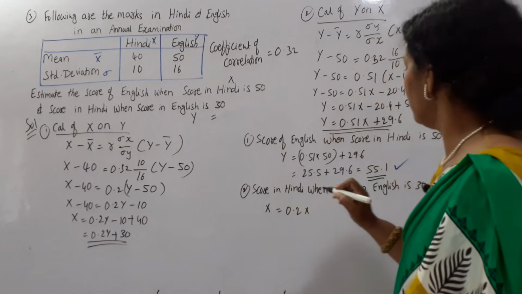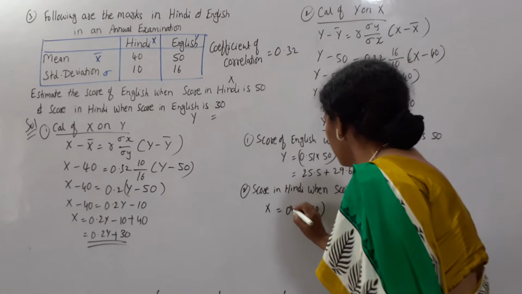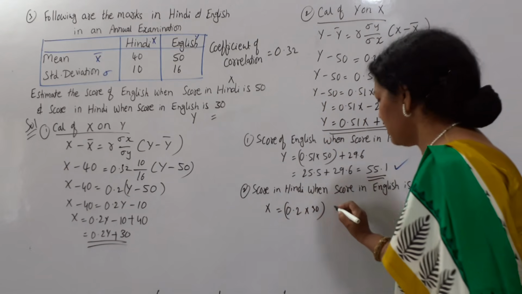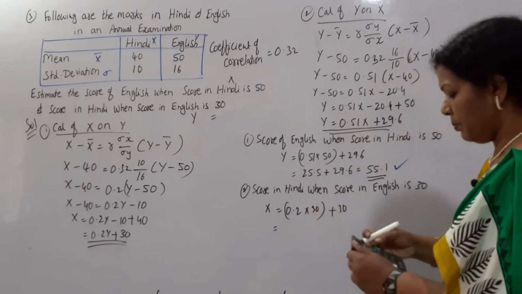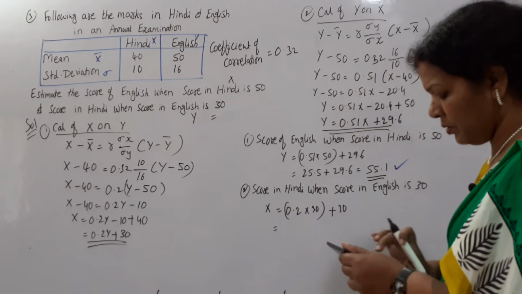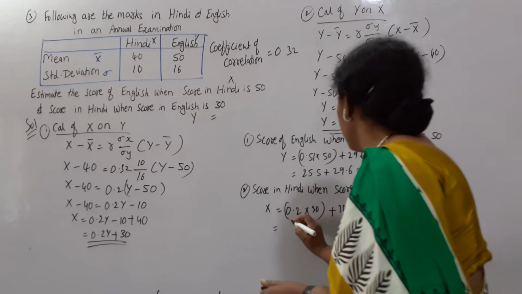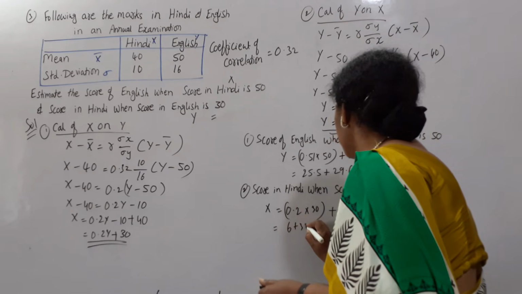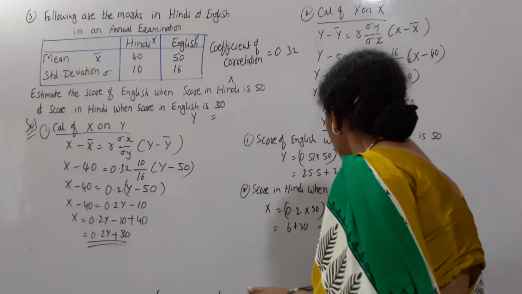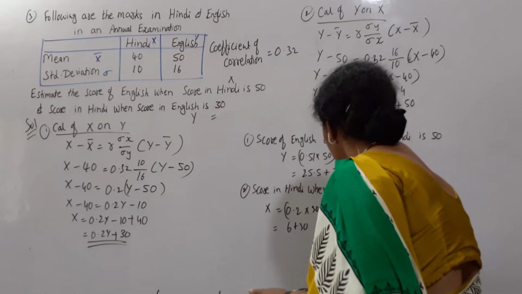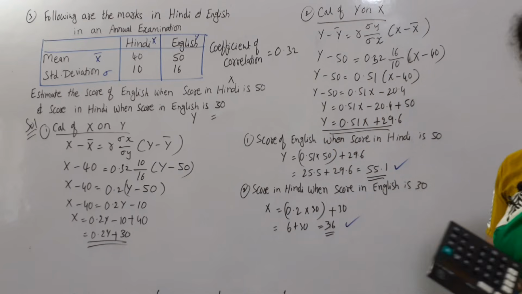Y is here, when y value is 30, plus 30 as per the formula. If you do the calculation, 30 into 0.2 comes to 6. 6 plus 30 comes to 36. So this is the second value.